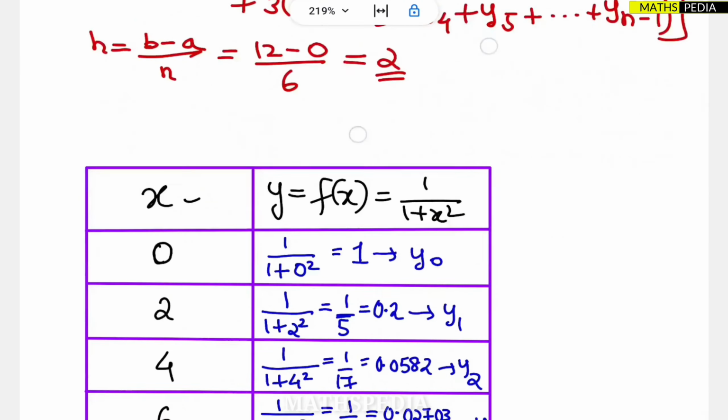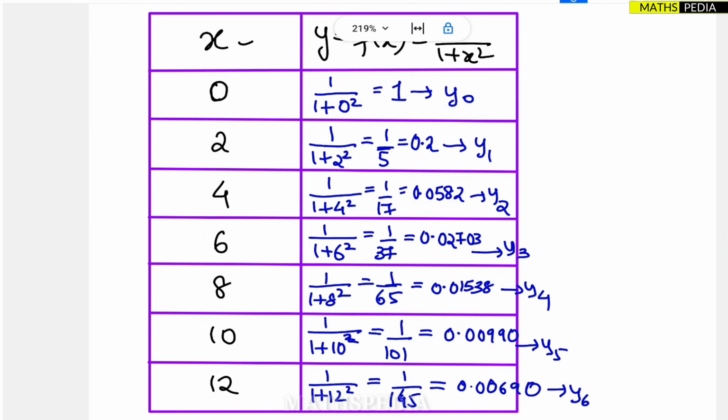So it remains the same table as the trapezoidal. Let's go through it quickly. The first column is represented by the x value. The second column is represented by the y value, which is the function of x, given by 1 by 1 plus x square in the question. The first value I take is 0 and the last value will be 12, lower limit to upper limit.